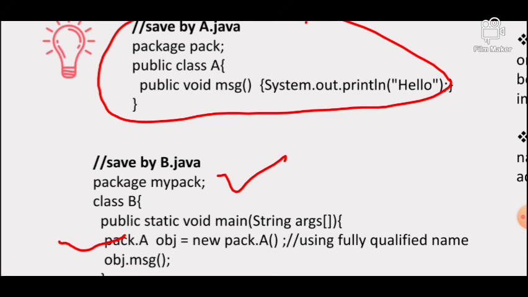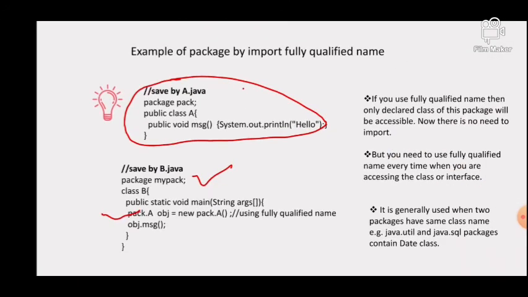Every time you have to use pack.A and then create an object, because you want to use class A in the package pack. So that is another way you can use packages.